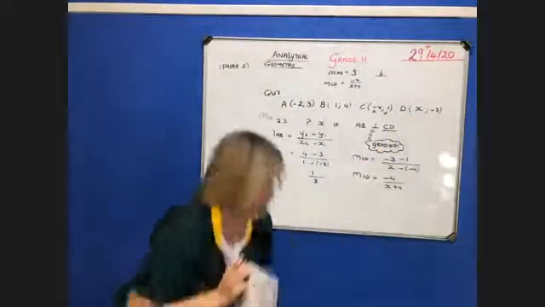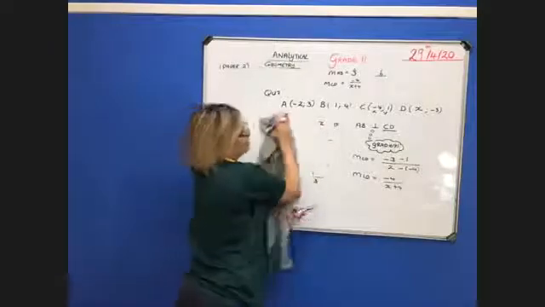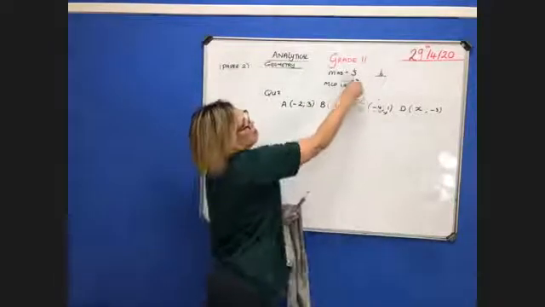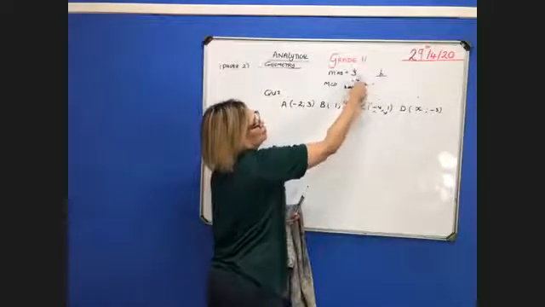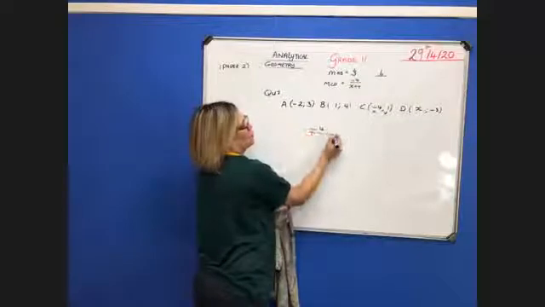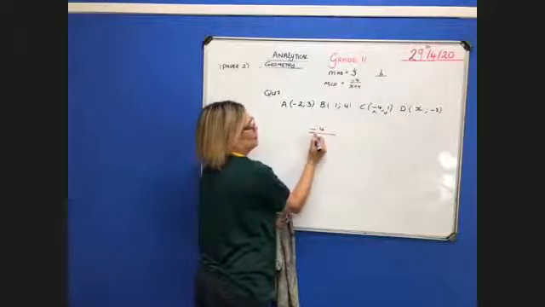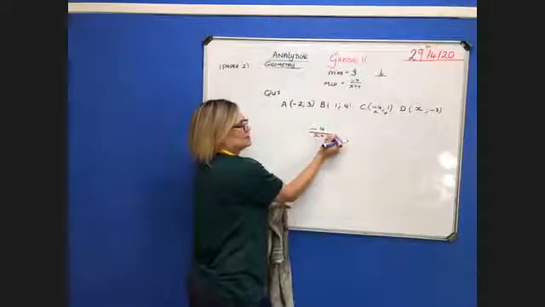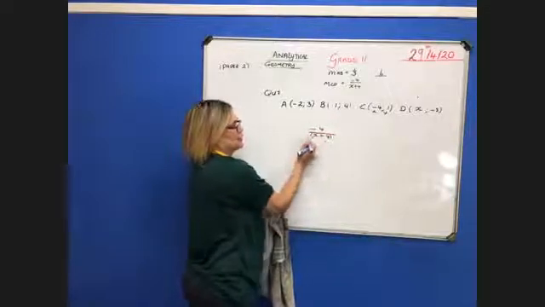So to me, the easiest way to do this is I'll take the gradient of the more complicated one, which in my opinion is the one with the x. So I'm going to go minus 4 over x plus 4. Remember everyone, a division line is a flat bracket, so put that in a bracket.